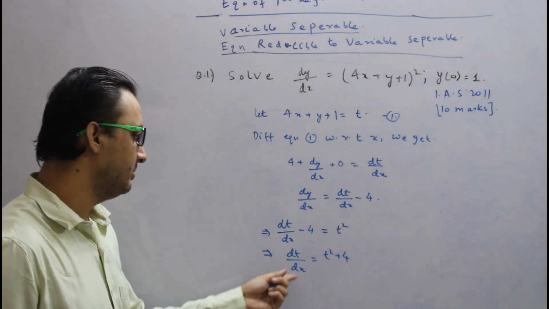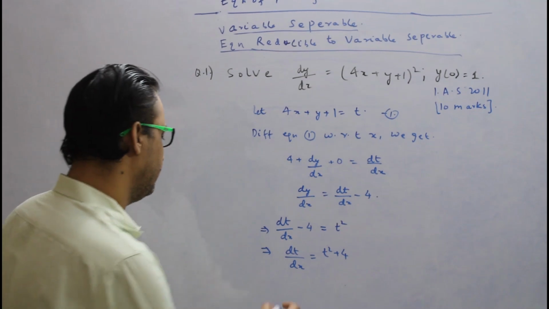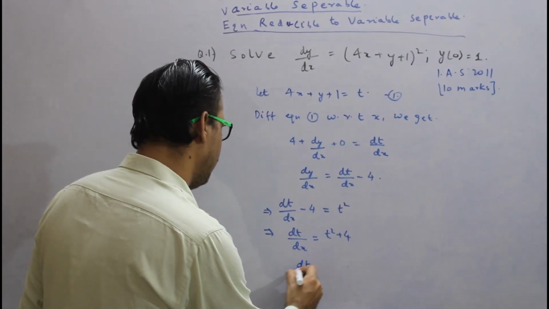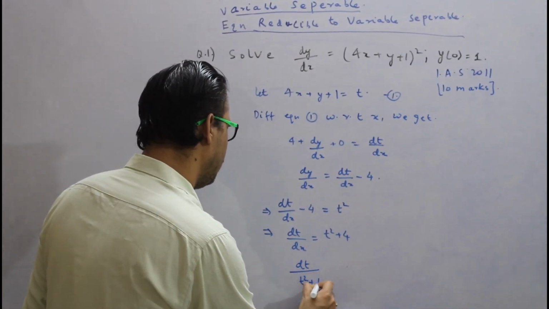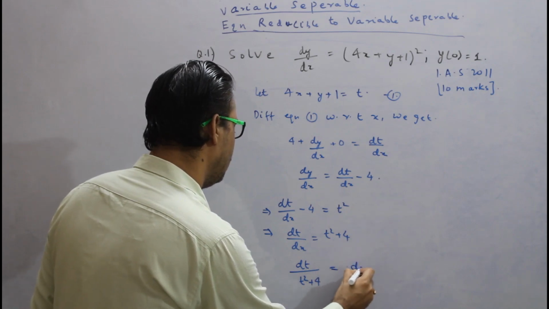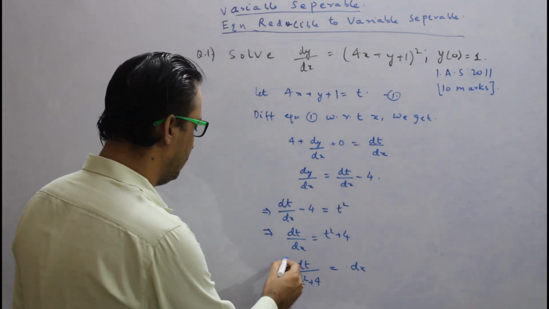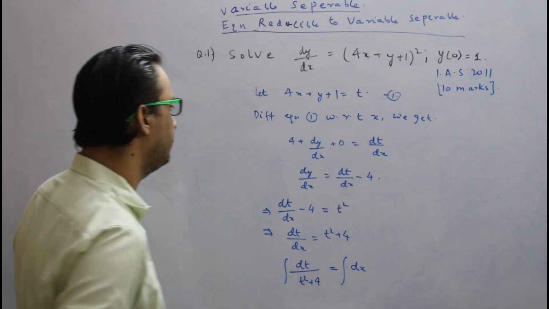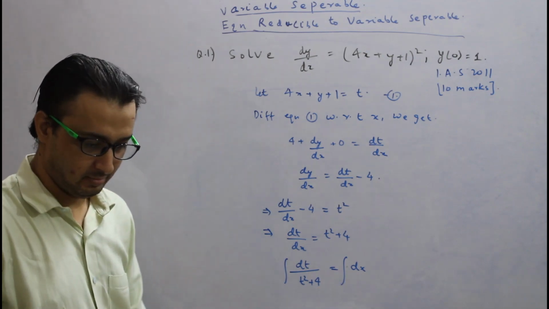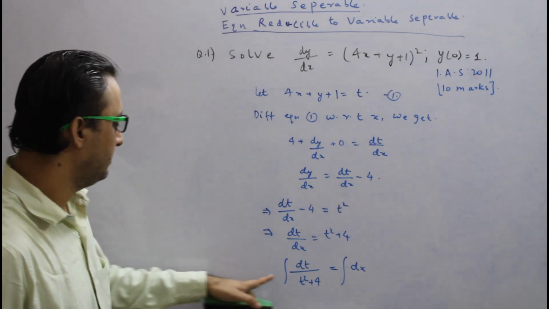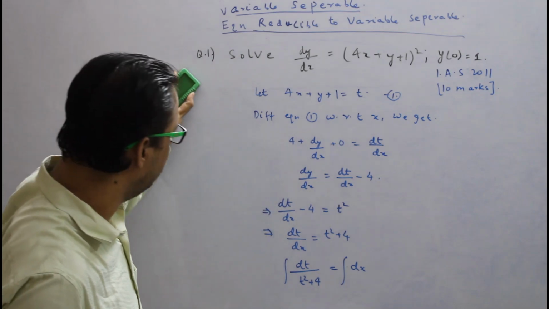Now we have separated the variables. So this is dt by t square plus 4 is equal to dx. Now we can integrate on both sides. So we can find the integration over here.